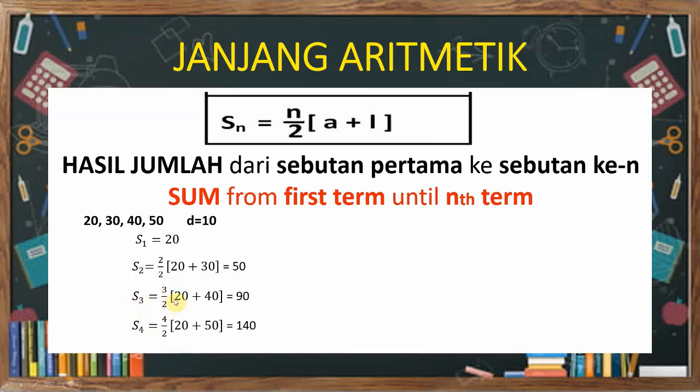S3 is 3 over 2 times (a plus l), where a is the first term and l again is the last term, which in this case is the third term, 40. S4 is 4 over 2 times (a plus l). Again, a is 20 and l, the last term, is the fourth term, 50. So if you know the first term and the last term together with n, you may use this formula.